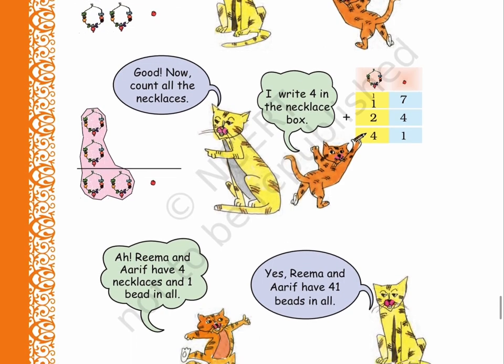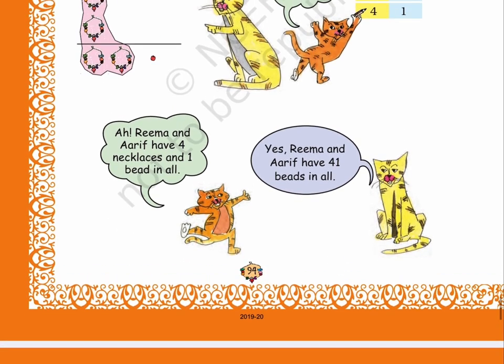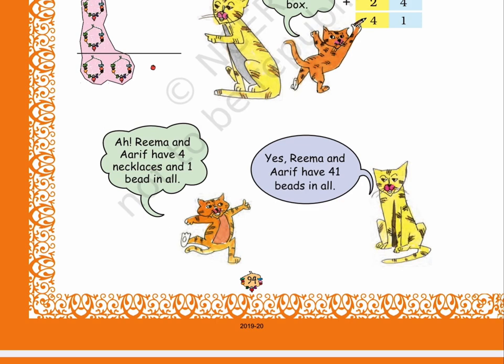Cat 2, sitting more towards table with pencil in her hands, is saying, I write 4 in necklace box. In picture 3, Cat 1 is saying, Rima and Arif have 4 necklaces and 1 bead in all. Cat 2 is responding, yes, Rima and Arif have 41 beads in all.